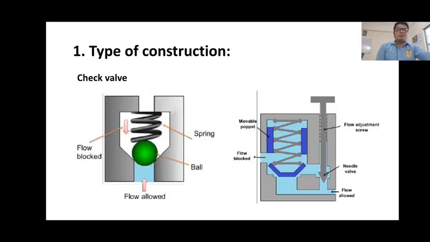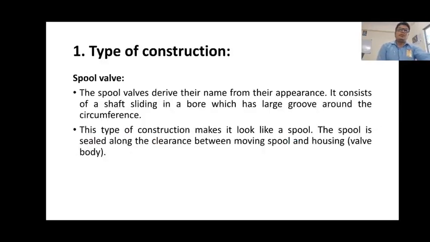The next type of valve is the spool valve. Spool valves derive their name from their appearance. It consists of a shaft sliding in a bore which has a large groove around the circumference. This type of construction makes it look like a spool.